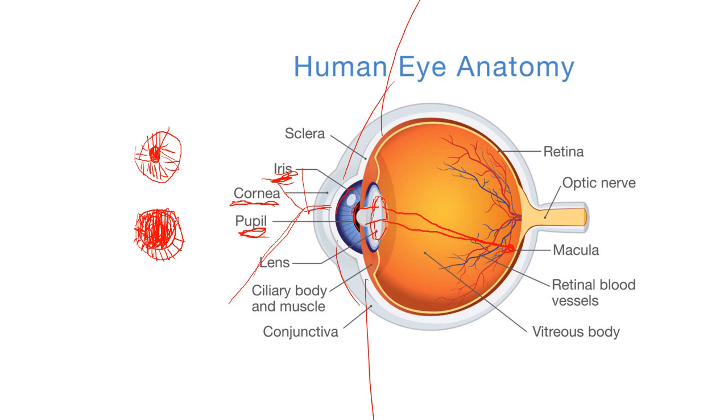Now, if you're looking at something closer or further away, it has to change to focus. So there's muscles going around the lens, 360 degrees, which pull on it or push on it to make it thinner or rounder. Does that make sense? So this will change where the focal point is within your eyes. So that's what the lens does.